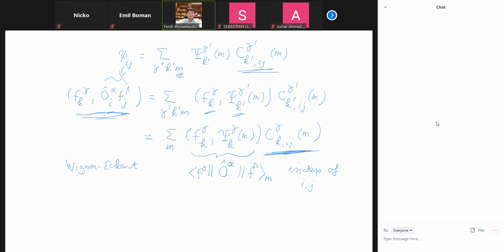So this is entirely dependent on the symmetry, whereas this part here depends on the actual form of the functions. When we calculate these matrix elements, it will depend on what this f and this capital psi are.